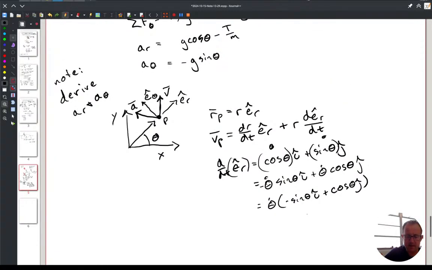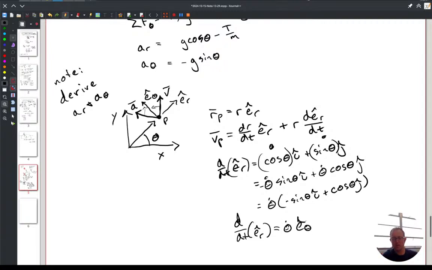And this part is kind of cool, because negative sine theta, so moving over this amount by sine theta and moving up that amount, cosine theta, is describing E theta. So d dt of ER is theta dot E theta. What?